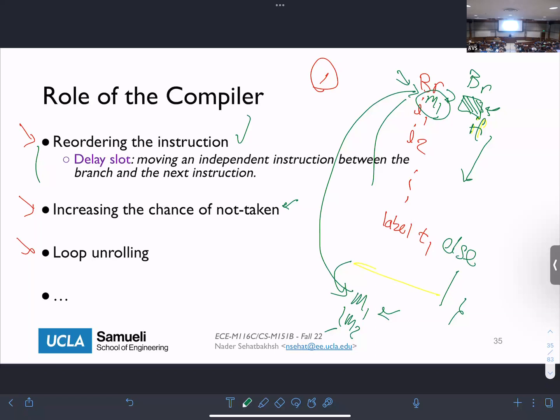Another thing the compiler does is called loop unrolling. The idea is that we can get rid of our branches, especially for loops, because loops have backward jumps that are always taken. For example, say you have a list of instructions that you do maybe 10 times, and at the end you have a branch that jumps to the top.